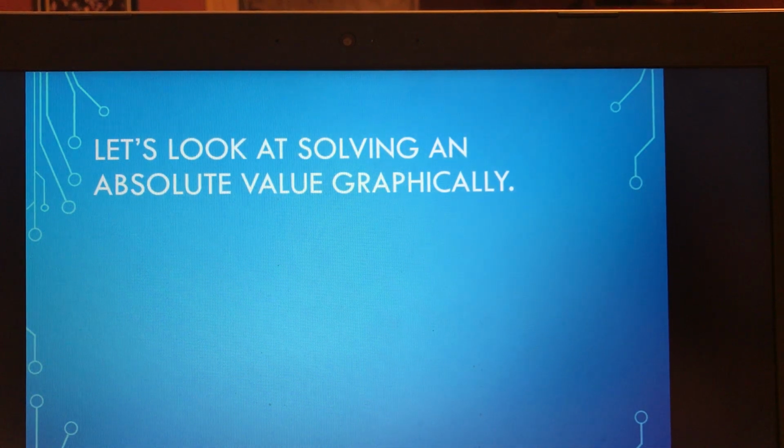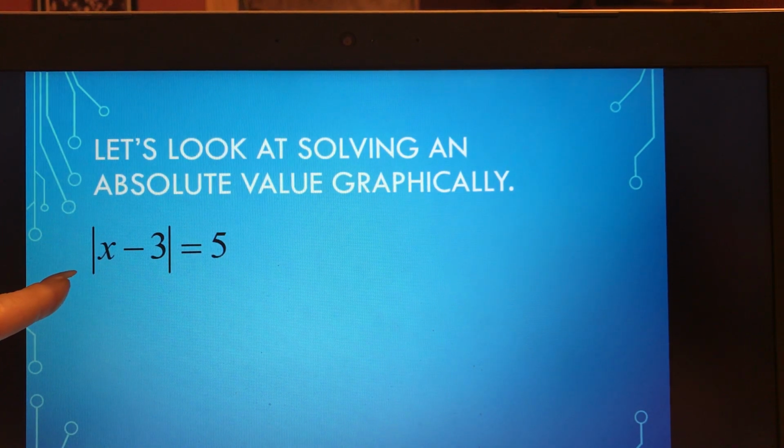So let's look at solving an absolute value equation graphically. What I would like for you to do in your calculators is to graph the absolute value of x minus 3 equals 5.